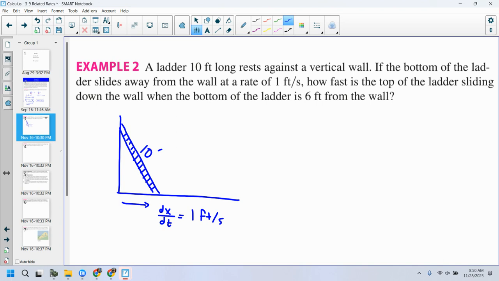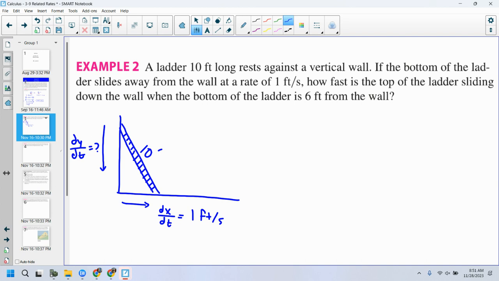How fast is the top of the ladder sliding down the wall? What do you think my notation is going to be here? dy dt, right? I want to know dy dt. That's our unknown. How fast is the top of the ladder sliding down the wall?